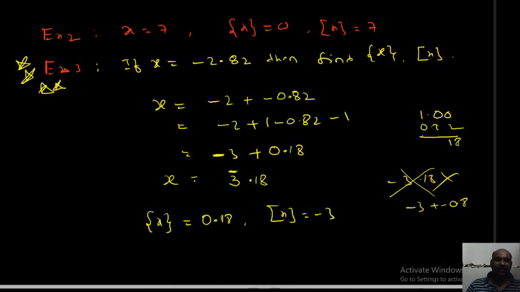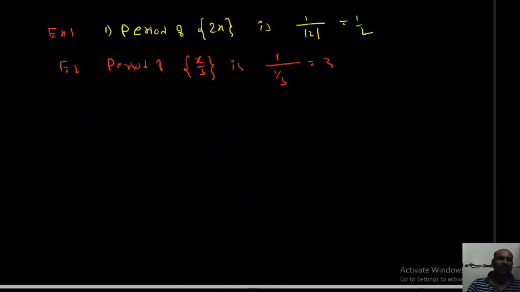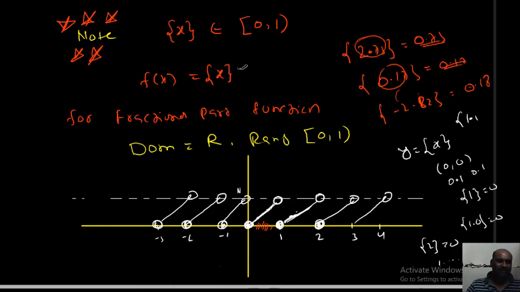Actually, if you want to draw the graph of the fractional part of 2x, students, how we will get it, I will explain here. Here you get one more line segment, and here one more line segment. So this is the graph of the fractional part of 2x, not x. What is this length? Total length 1, half repeating.